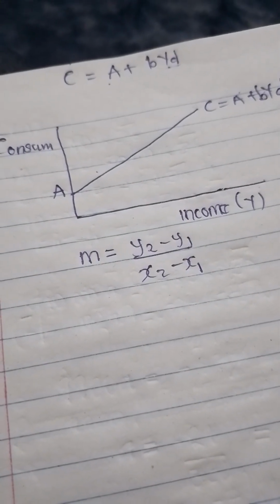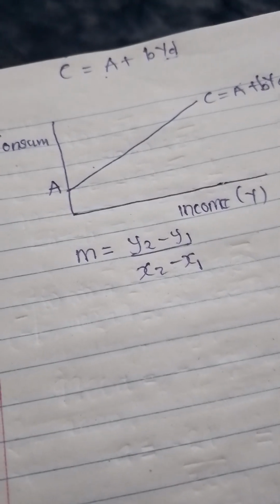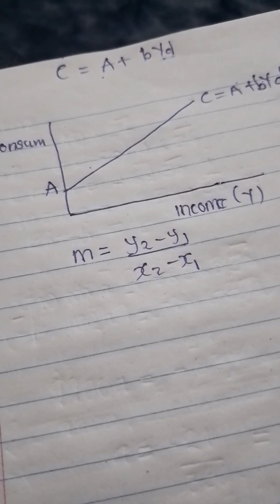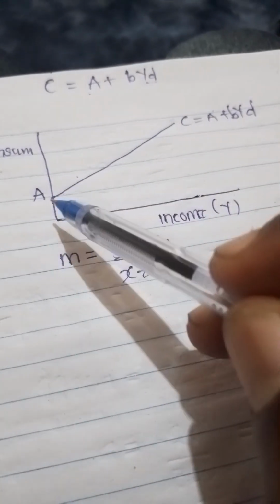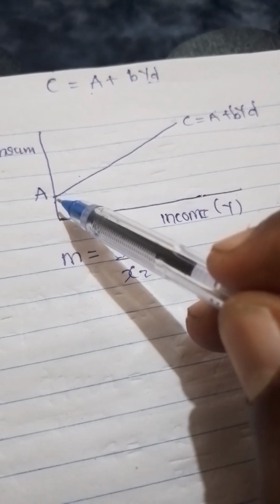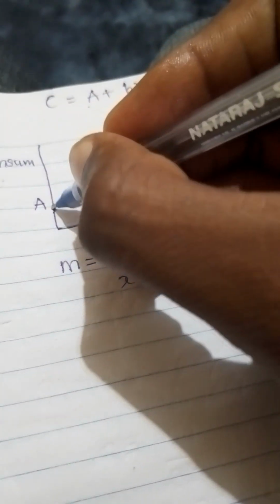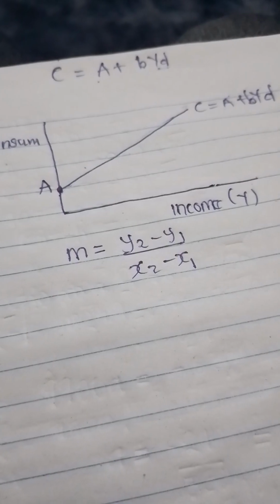Now, your MPC is the gradient of this line, the consumption function. This is the other definition you can find in books: the marginal propensity to consume is the gradient of the consumption function. So this line has a gradient, and this gradient is called the MPC.